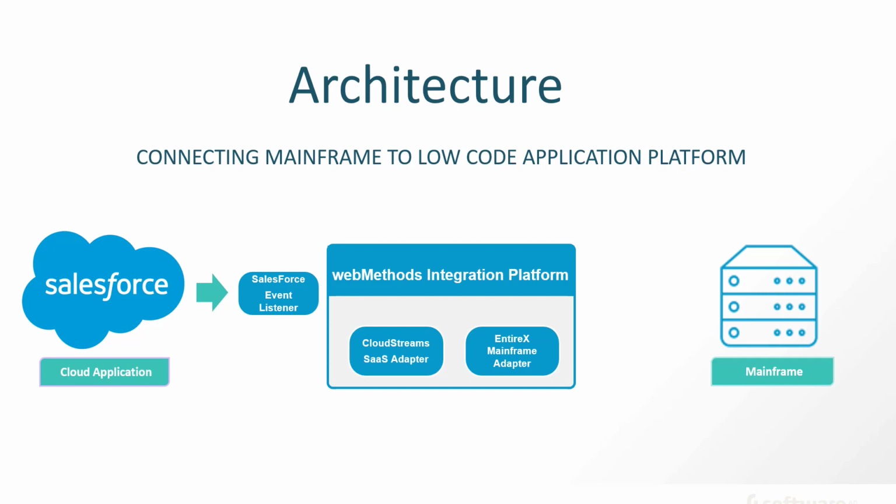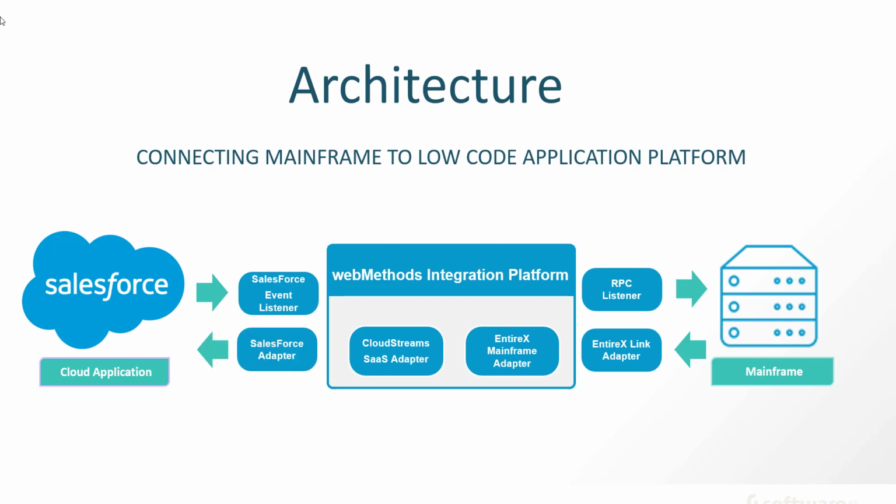We used the EntireX adapter to communicate to an RPC listener on the mainframe, where it executed the appropriate COBOL program and passed the information so that it was updated on the mainframe. For the return, when we updated the information on the mainframe, we compiled that COBOL code with an EntireX link adapter that allowed that COBOL program to communicate back to our webMethods integration platform. That information was passed back to the Salesforce adapter, where it updated the information in the Salesforce application.